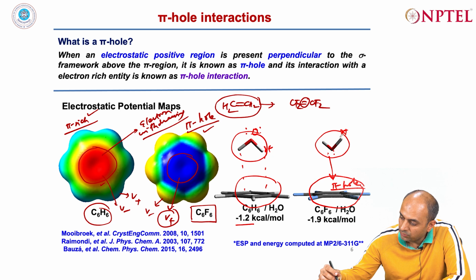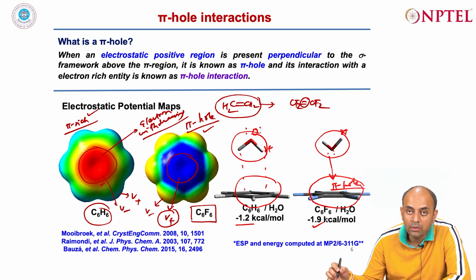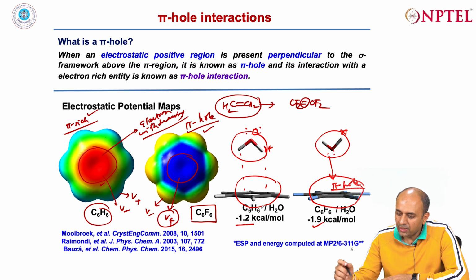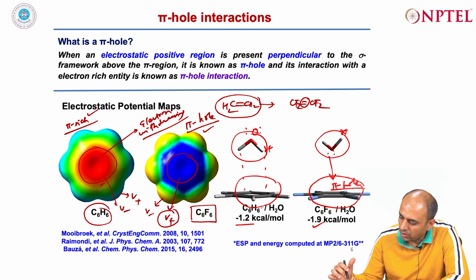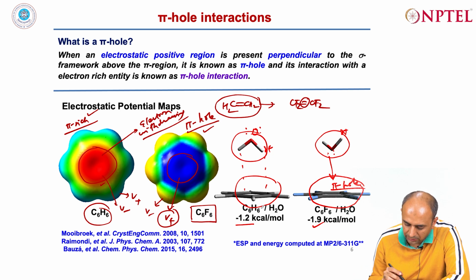So the hydrogens move away, there is a change in the orientation of the water molecule, and the lone pairs now interact with the pi hole region, and this essentially provides higher stability to the assembly of water with C6F6 in comparison to that of benzene. So these kinds of examples very nicely talk about the nature of anion pi interactions being very important.